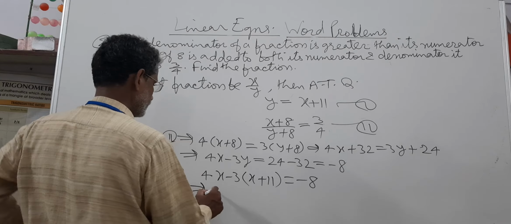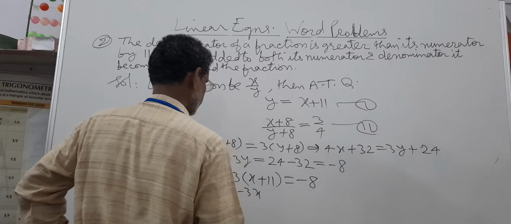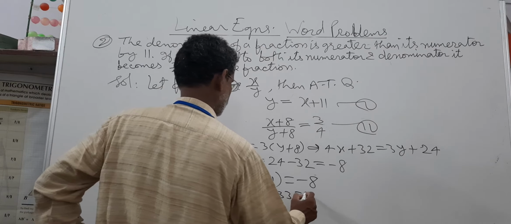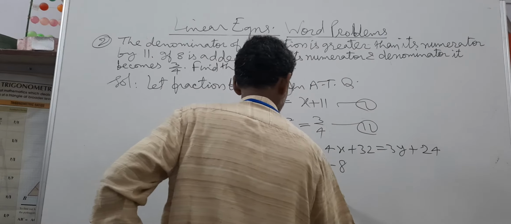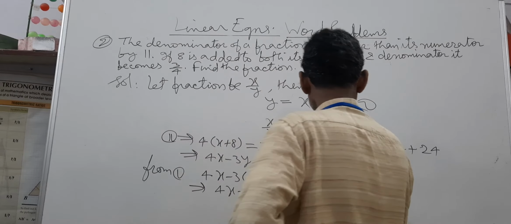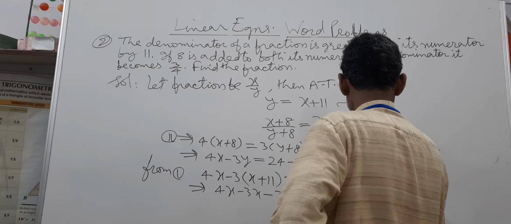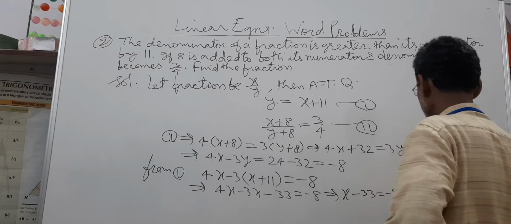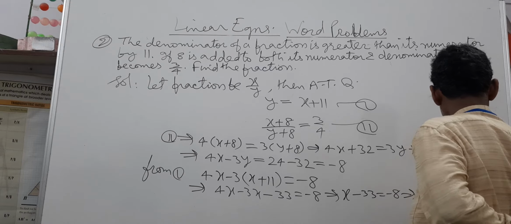This implies 4x minus 3x minus 33 is equal to minus 8. This implies x minus 33 equal to minus 8, which implies x is equal to 33 minus 8, which is 25.